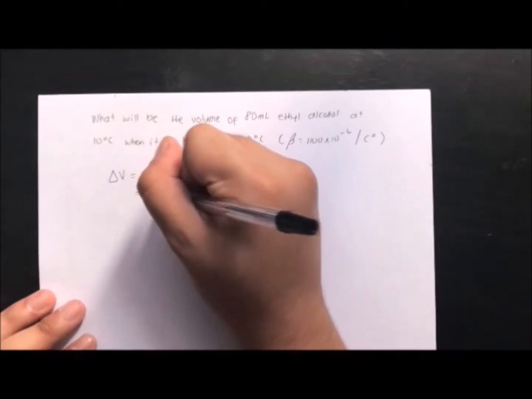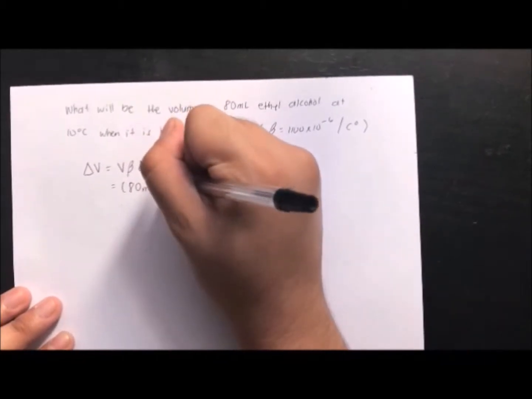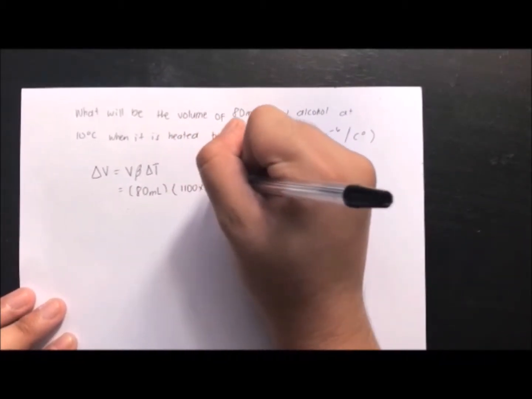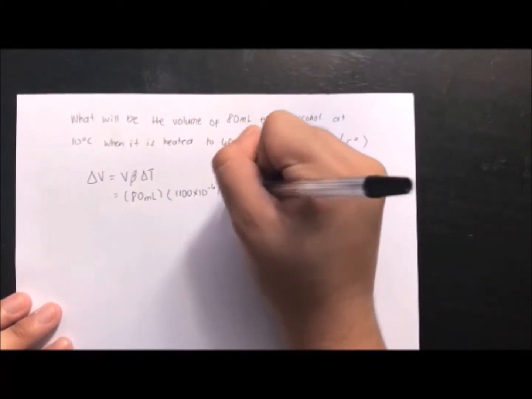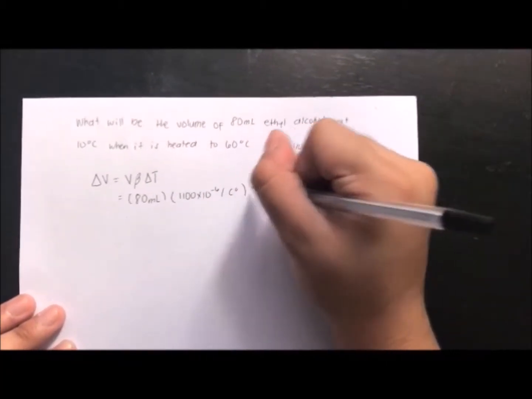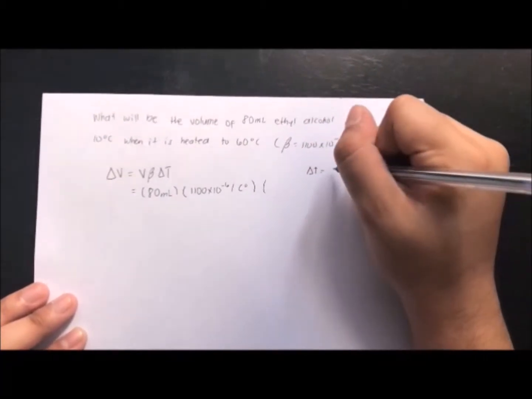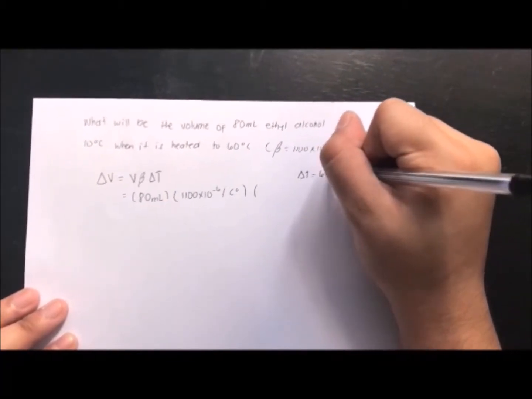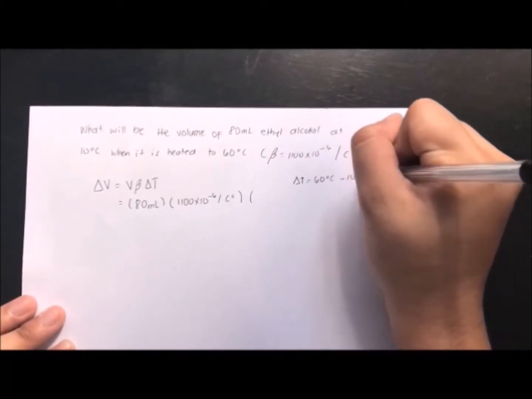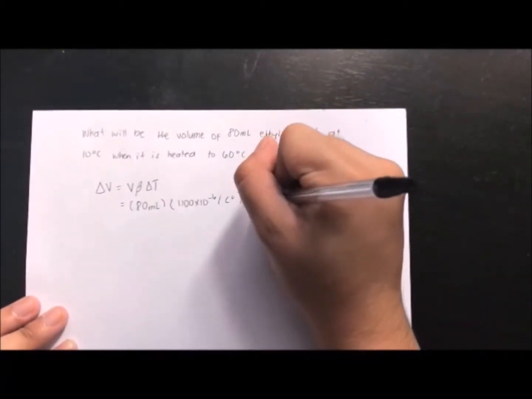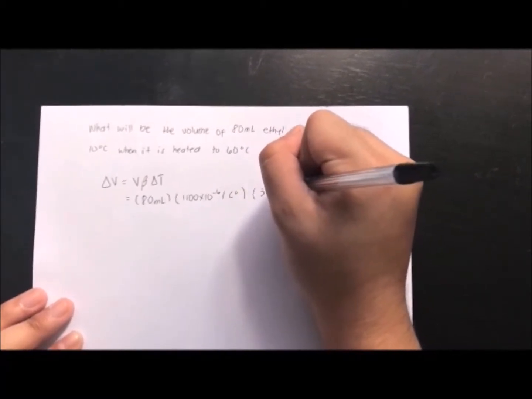Volume is 80 milliliters. Beta is 1100 times 10 to the negative 6 per Celsius degree from the table. And delta T is 60 degrees Celsius minus 10 degrees Celsius, which is 50 degrees Celsius.